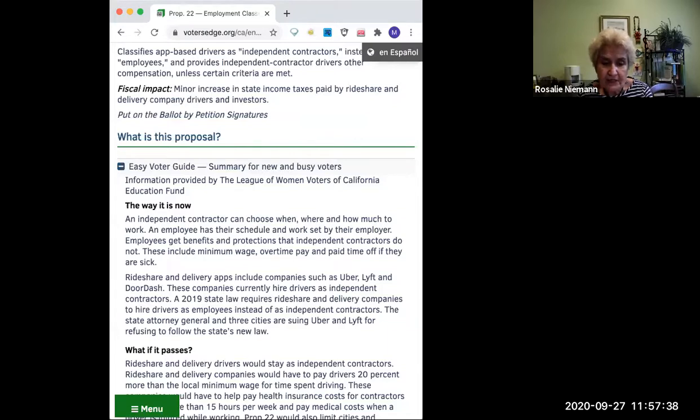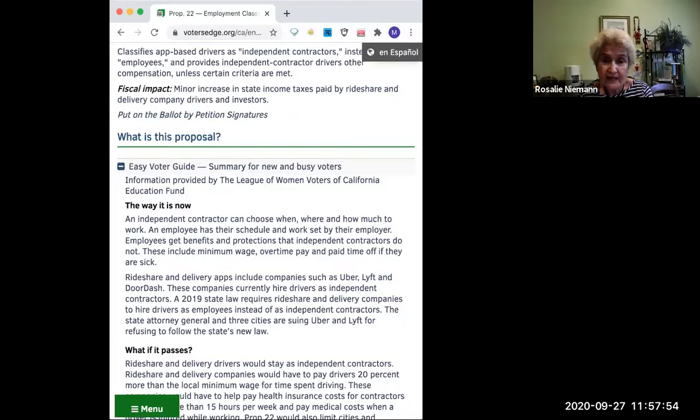The situation is that between 800,000 and 950,000 Californians provide rides or deliveries each year, and the drivers work part-time and make between $11 and $16 an hour.